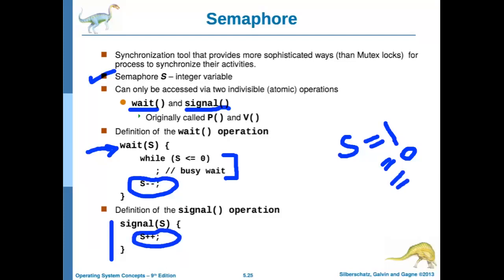If any other process is waiting there, it will sense the value greater than 0, come out of the busy wait, and decrement it again. So it becomes 0, which means it has acquired the lock. So we are just playing with integer values 0 and 1, where 1 means the resource is free and 0 means the resource is busy. That's it. And if it is 0, simply wait.